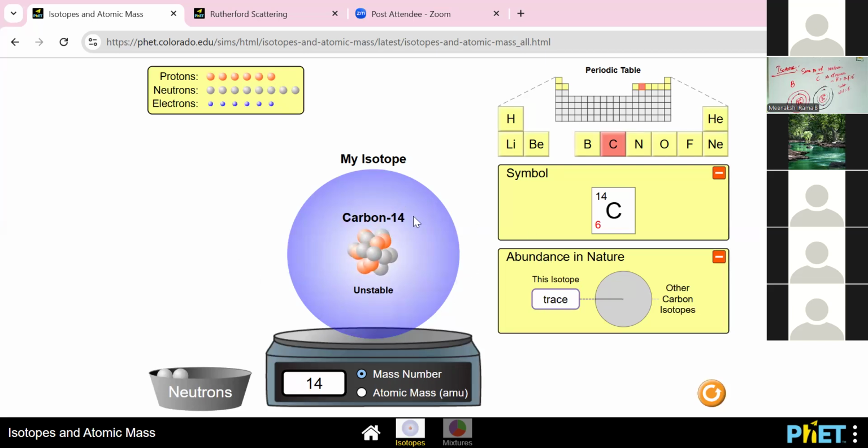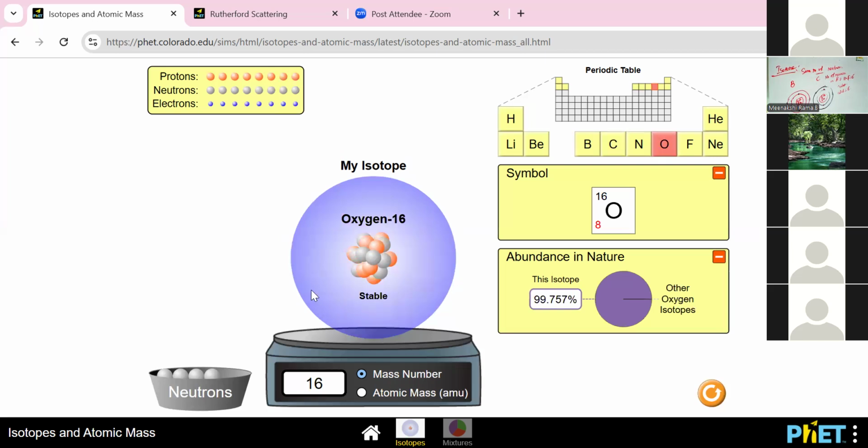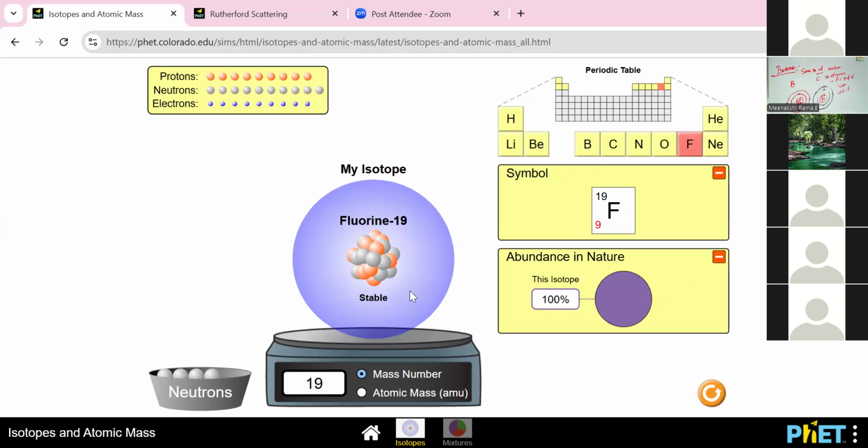So from the simulation, we see how isotopes become unstable. Next is oxygen. Oxygen 16 isotopes are in a stable position. And then fluorine with mass number 19 is also unstable.